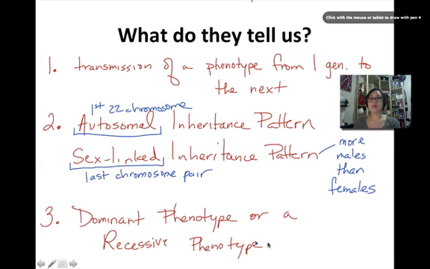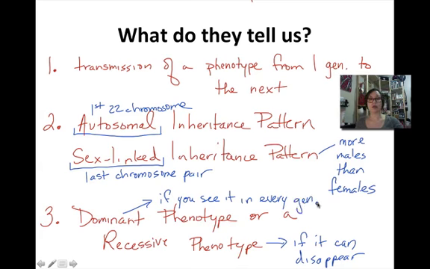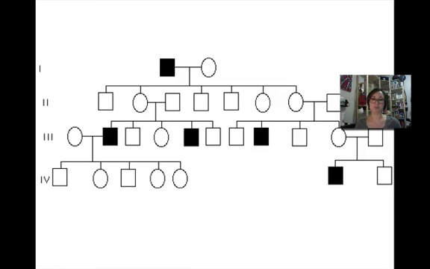So we know that something is a recessive phenotype in a pedigree if it can disappear and then reappear. It'll be a dominant phenotype if you see it in every generation. So let's go ahead and apply this information.